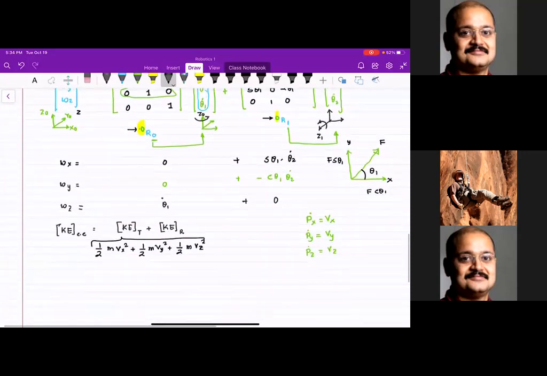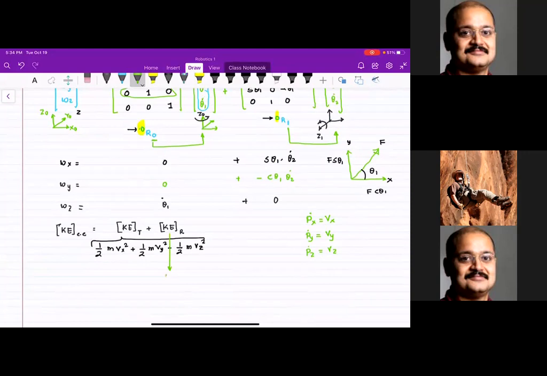Now, the same thing is going to happen for the rotational kinetic energy. Please note, there is omega x, omega y, and omega z.